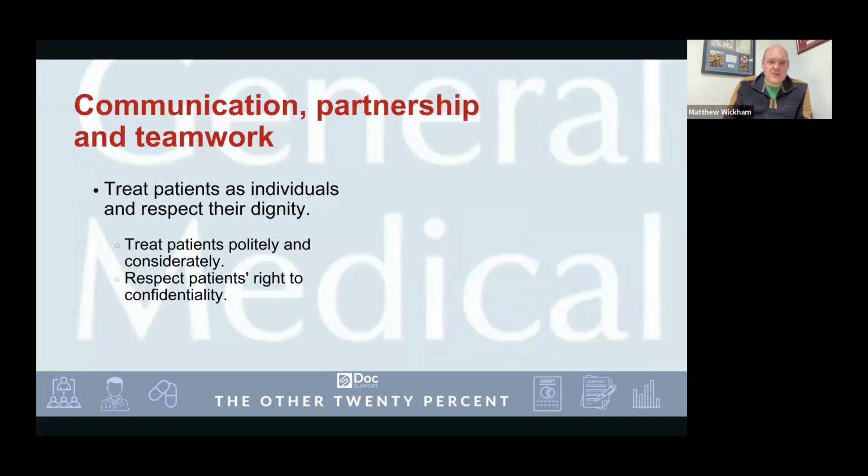Okay, so treat patients as individuals, with dignity, and respect their dignity. Treat patients politely and considerately and respect patients' right to confidentiality. Again, social media really kicks in with this one. Make sure you do not post that you've just seen this patient today, where they could identify themselves, as that will get you into hot water.